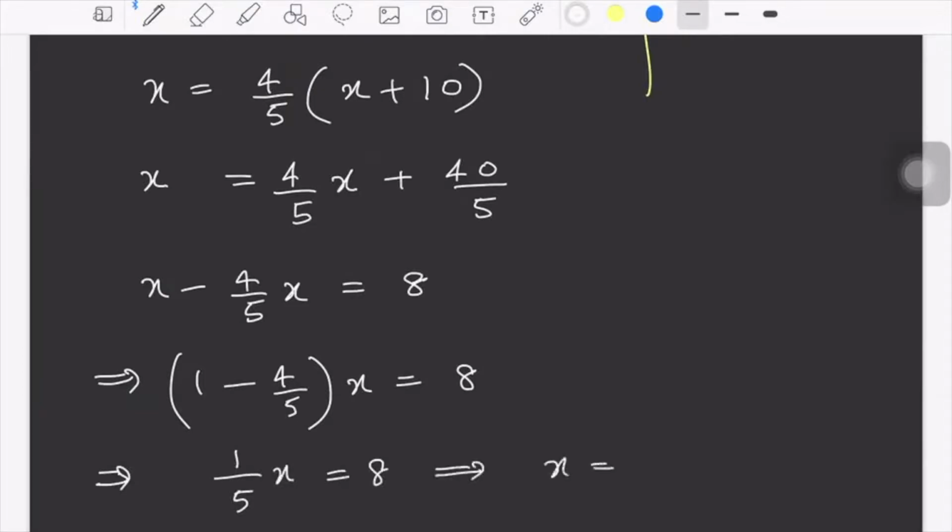So x is equal to 5 times 8, which is 40. This is slightly more lengthy, right?